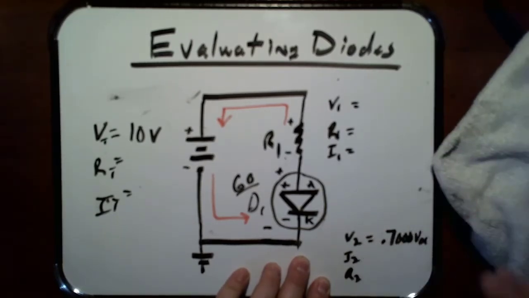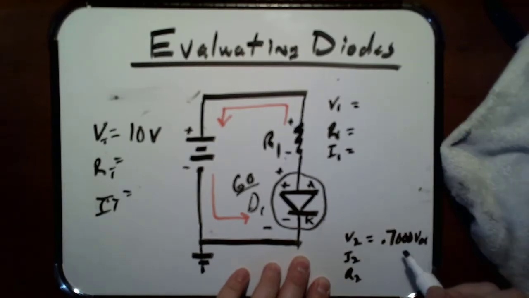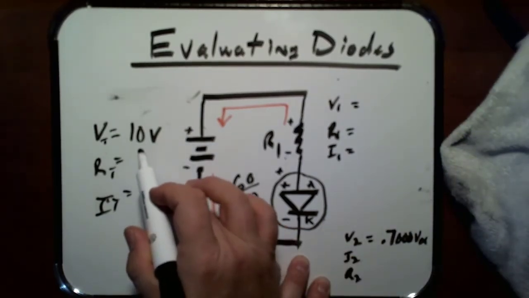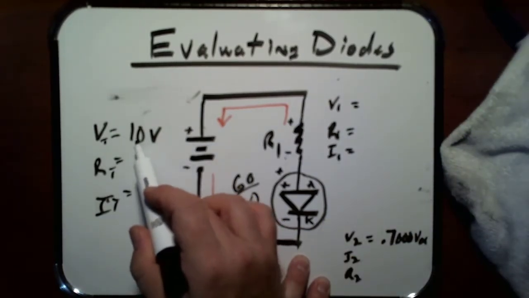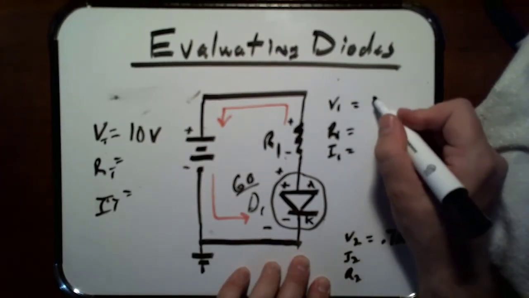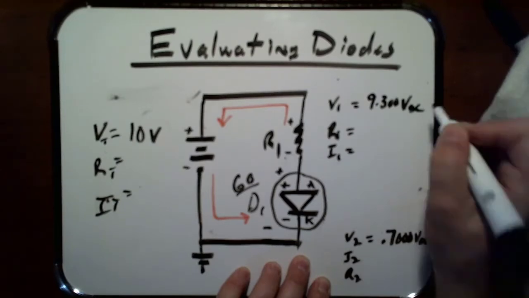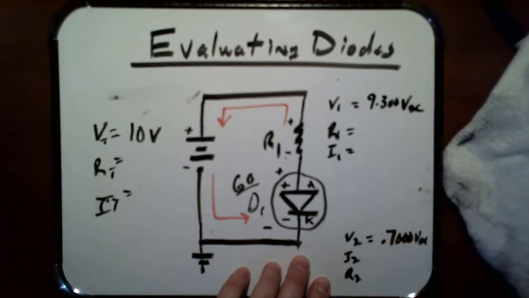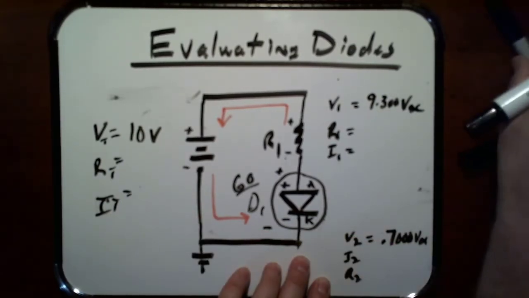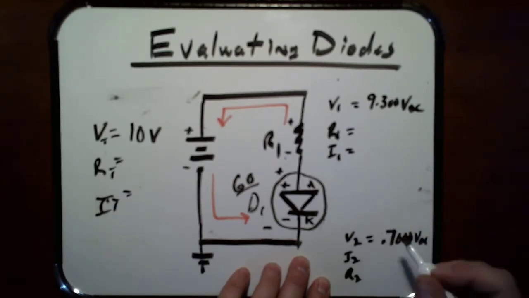I want it nice and easy for my analysis. So I'm going to say 0.7 and 10, because it's much easier for me to say 10 minus 0.7 equals 9.3 volts DC. If I have 700 down here and 9.3 over here and they somehow equal 10, that could be a little bit confusing. So we're going to keep our diode at 0.7.